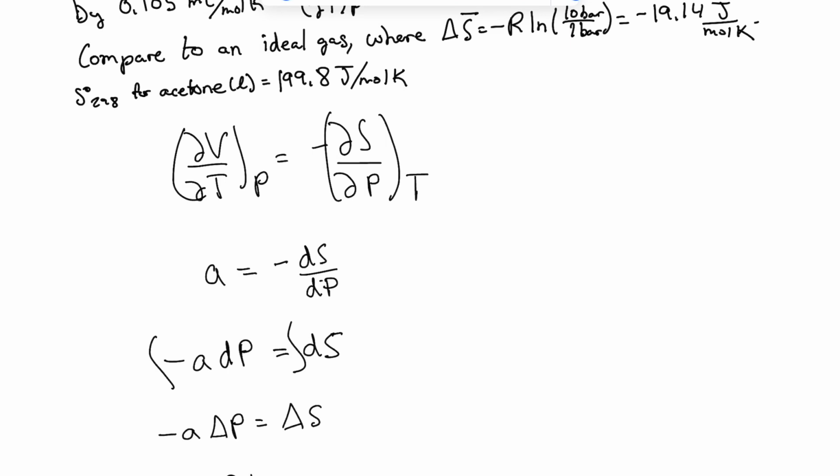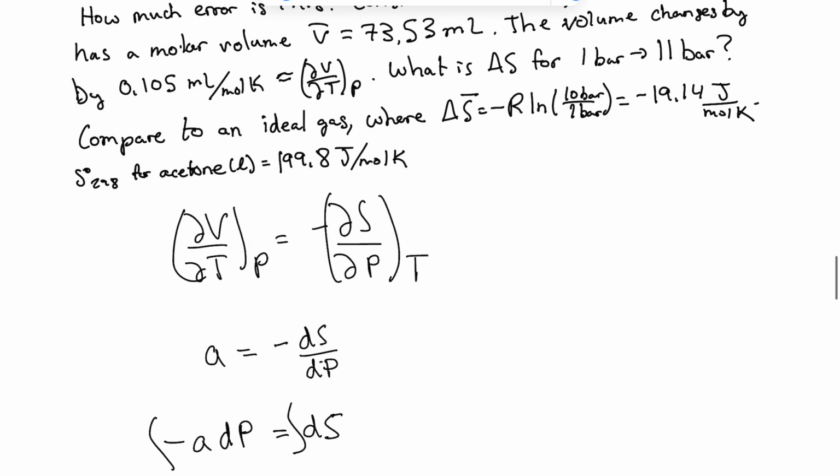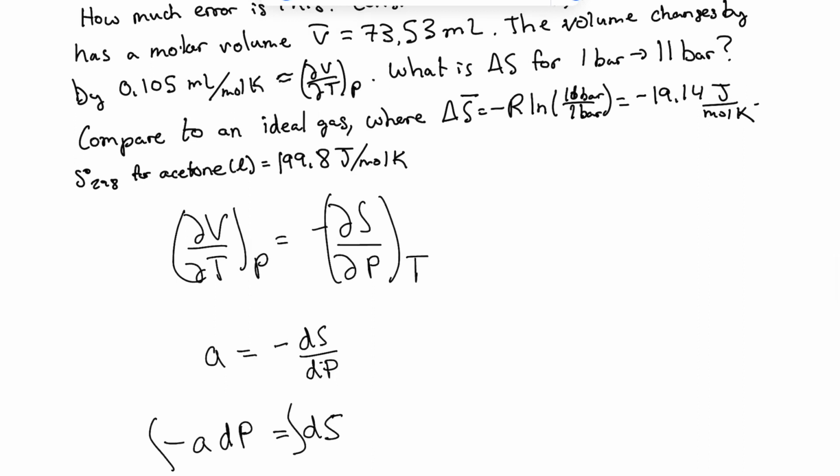ΔS is negative 0.105 milliliters per mole Kelvin times 1 liter over 1,000 milliliters. So this is my a in liters per mole Kelvin. And then my pressure, I'm going from 1 bar to 11 bar.